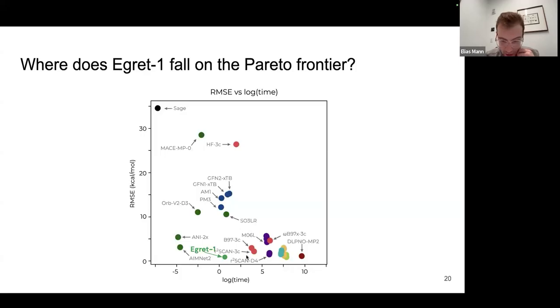Or if you can get something around here, that's also good, though obviously the best would be here in this graph. But I consider all these NNPs useful, and I think semi-empirical methods are still useful. DFT is still useful. It just depends on what you use them for, and moving to new areas of this graph expands what we can do, being like, now we can use this in ways that we didn't think were possible.